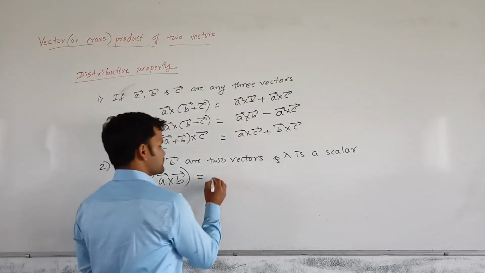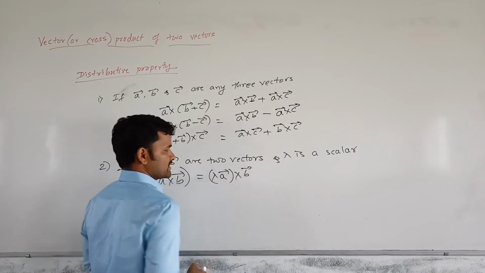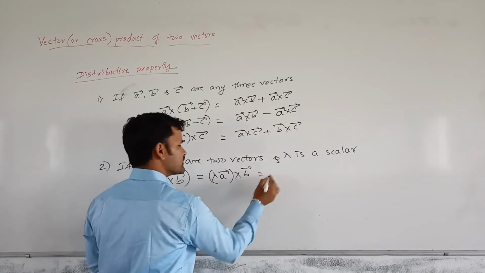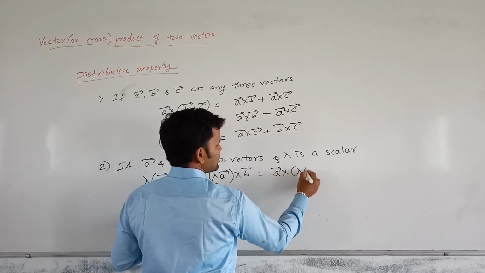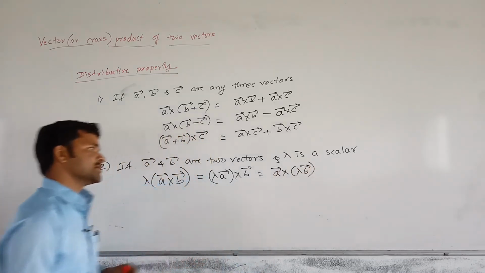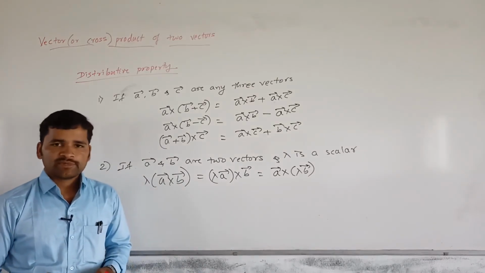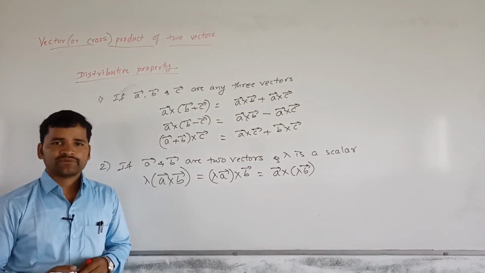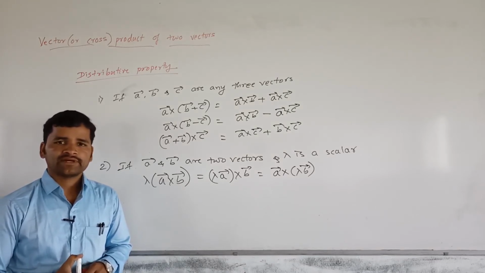So this is lambda times vector A in cross product with vector B, or this can also be written as vector A in cross product with lambda times vector B. So these two are the distributive properties of the cross product of two vectors. Thank you. In the next class we will take problems on the cross product of two vectors.